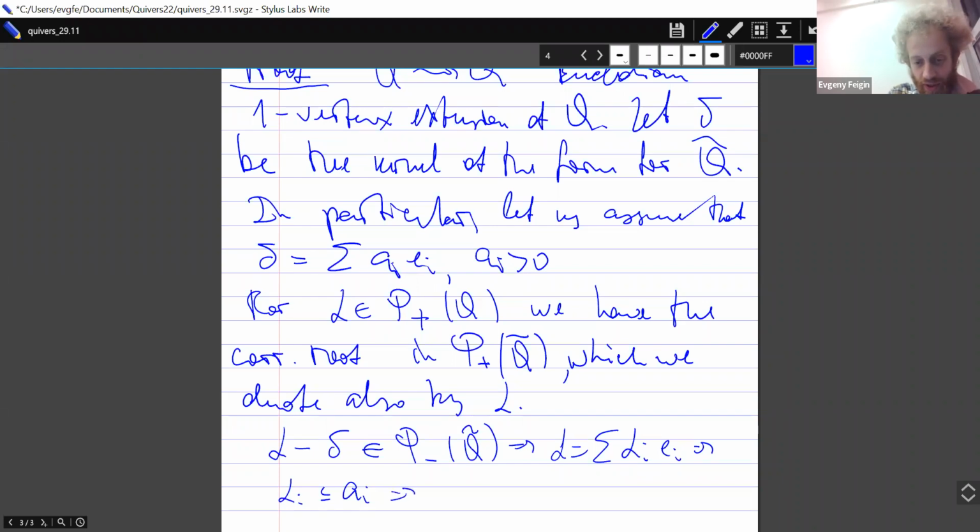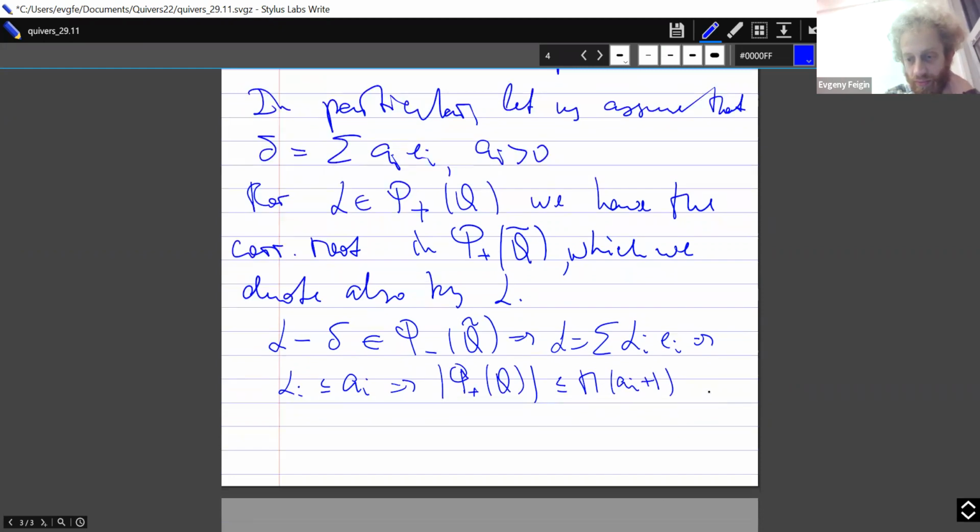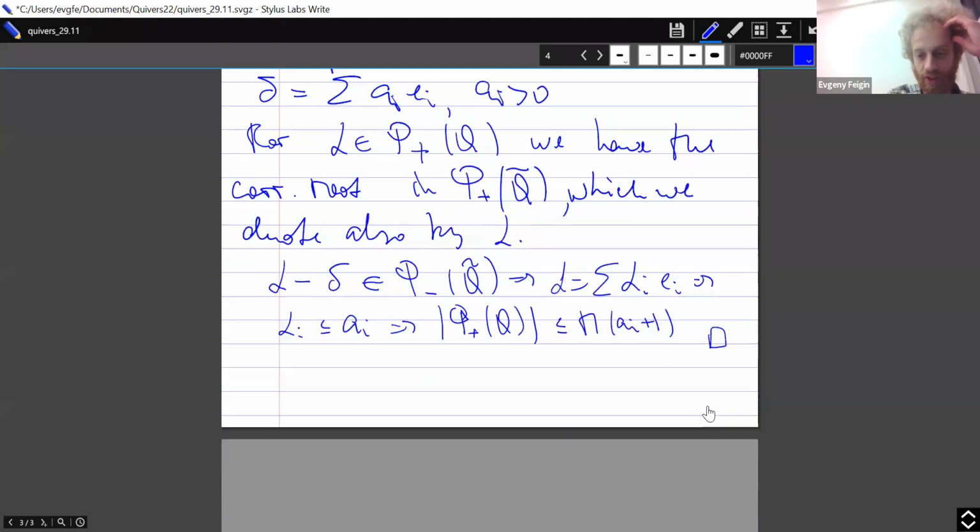Therefore, the number of positive roots for Q is at most the product of the a_i, well, maybe plus 1. Good. So let me give you an example.